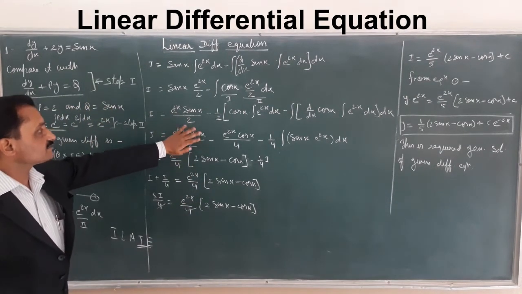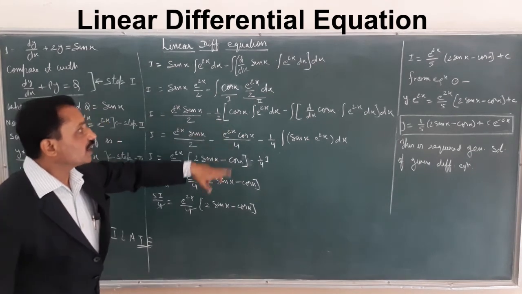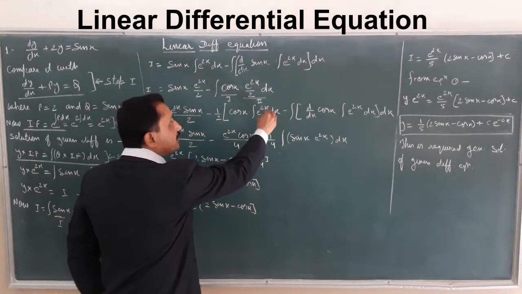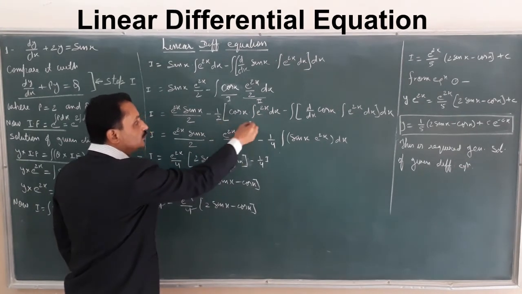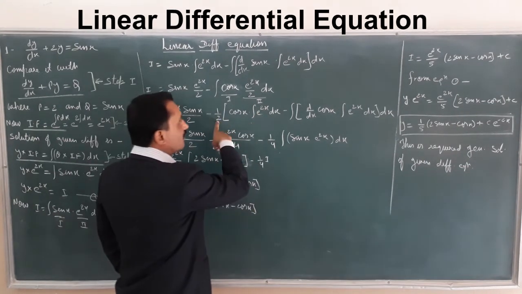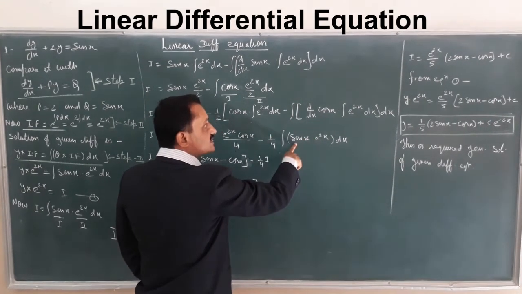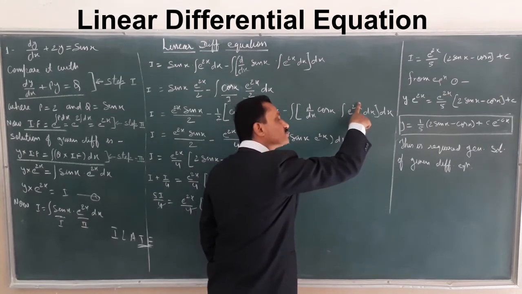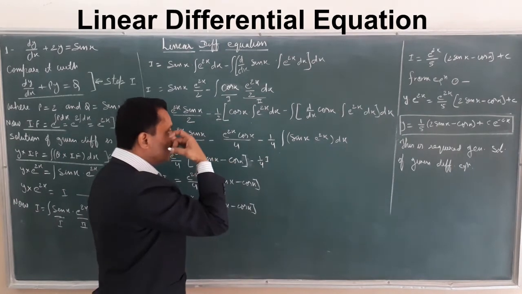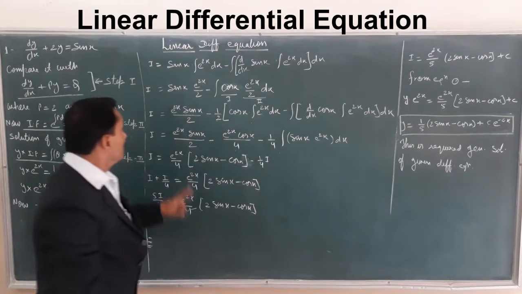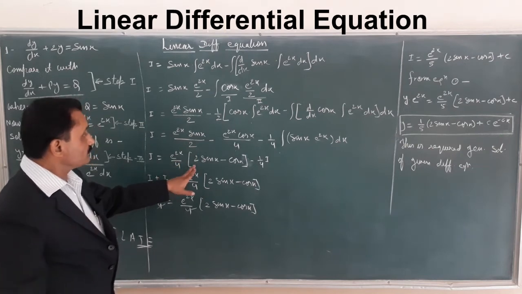Integration of e to the power 2x is e to the power 2x upon 2, and 2 into 2 is 4. Again 1 by 2 written here. The differentiation of cos x is minus sin x, and the integration of e to the power 2x is e to the power 2x upon 2, and 2 into 2 again will be 4. Now e to the power 2x upon 4.